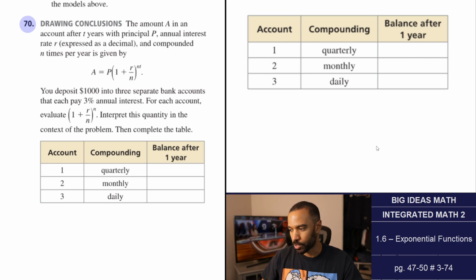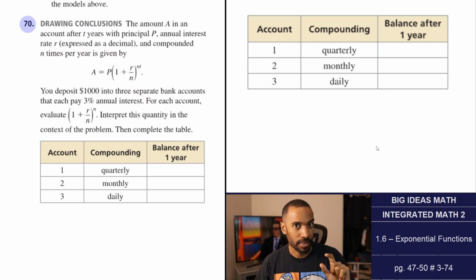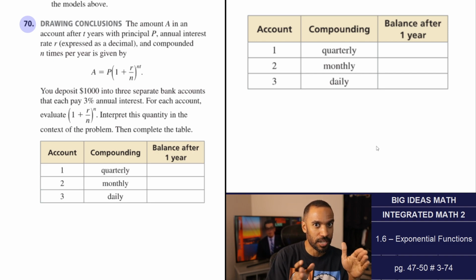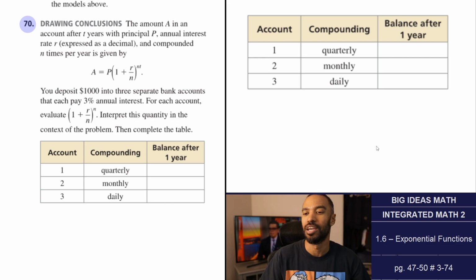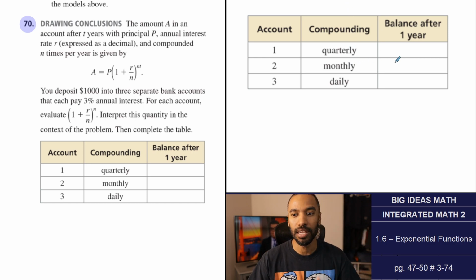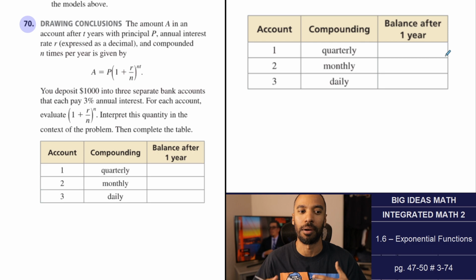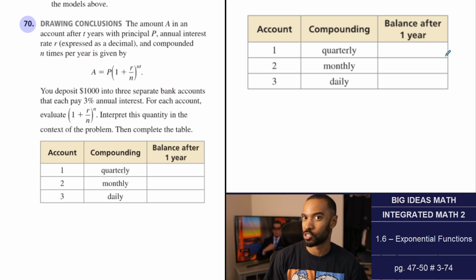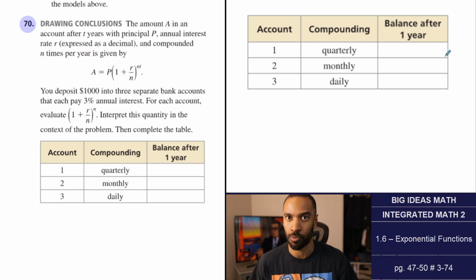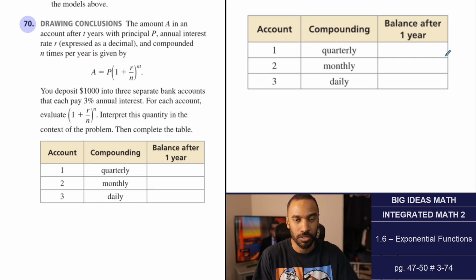A 25% increase of a 25% increase is slightly more, because you're taking 25% of not the original, but of 125%. So you get a little bit more. Not much more. It'll be cents or a couple little dollars here.